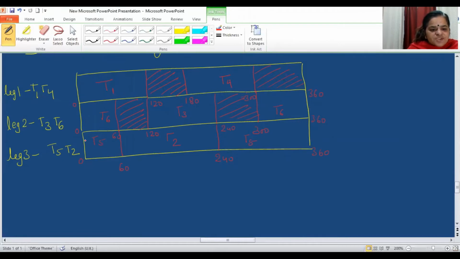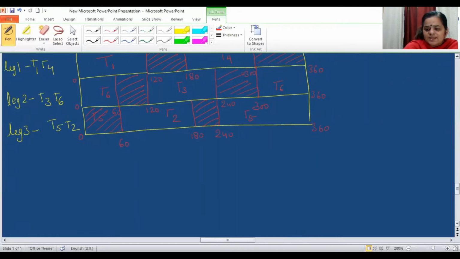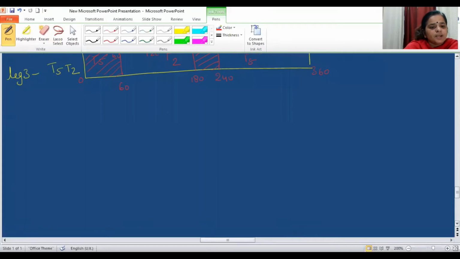So 0 to 60 will be the duration when no SCR is conducting. At last, if T2 starts conducting at 60, and I add 120 to that, T2 will be conducting up to 180, and 180 to 240 will be the duration when no SCR is conducting. So this is the conduction diagram of the SCRs in the power circuit diagram.